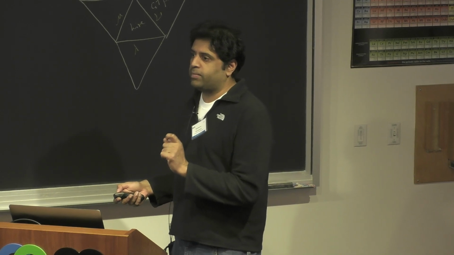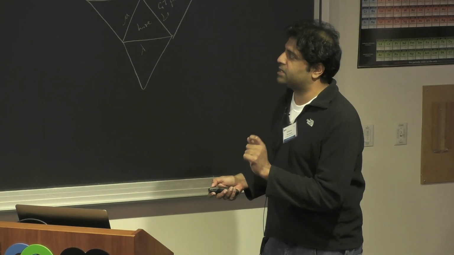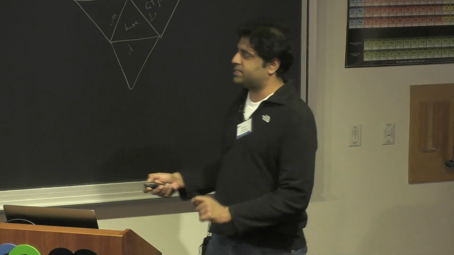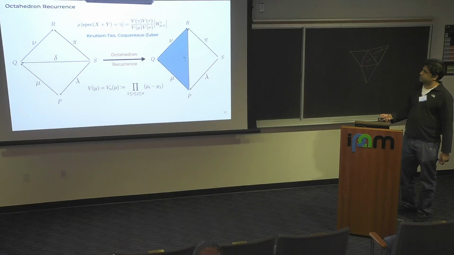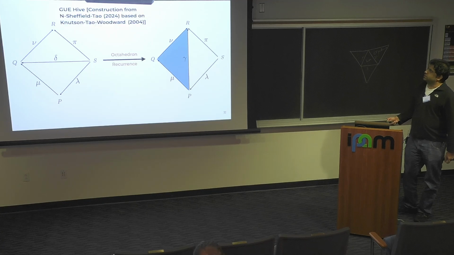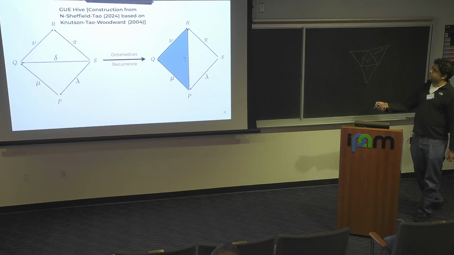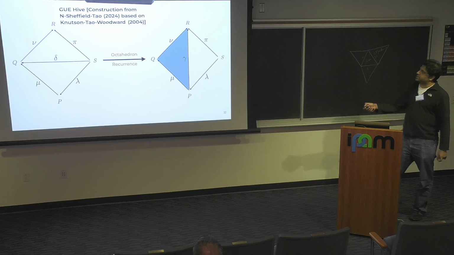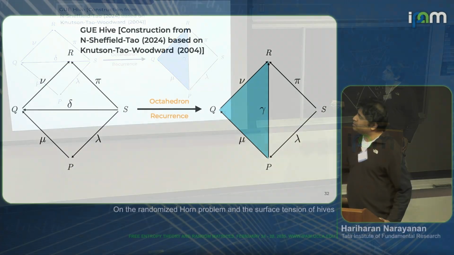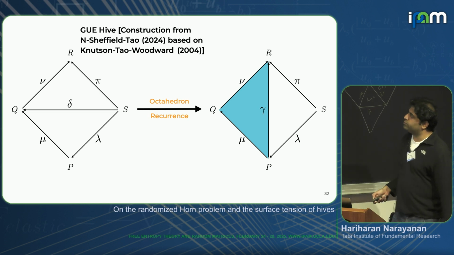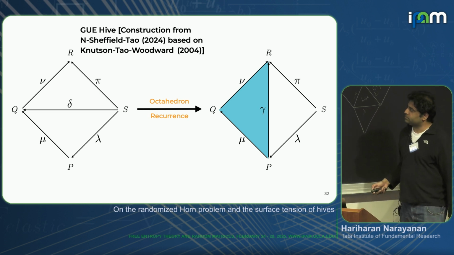It's the probability measure of the spectrum of the sum of 2 random Hermitian matrices with the right spectra. So in this form, I think it was used in work with Sheffield and Tao in 2024, but it was based on this work of Knutson, Tao, and Woodward from 2004.